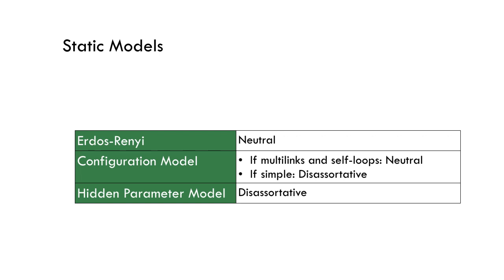For the hidden parameter model, remember we're assigning a hidden parameter to each node. Because we are looking at a product of probabilities, if two nodes have a high hidden parameter associated with them, it's then less likely that they're going to form a connection with each other.